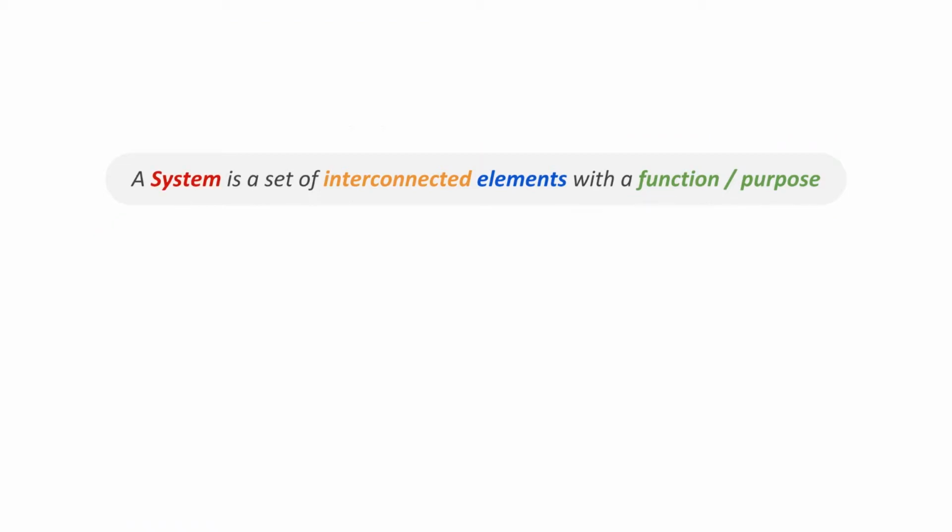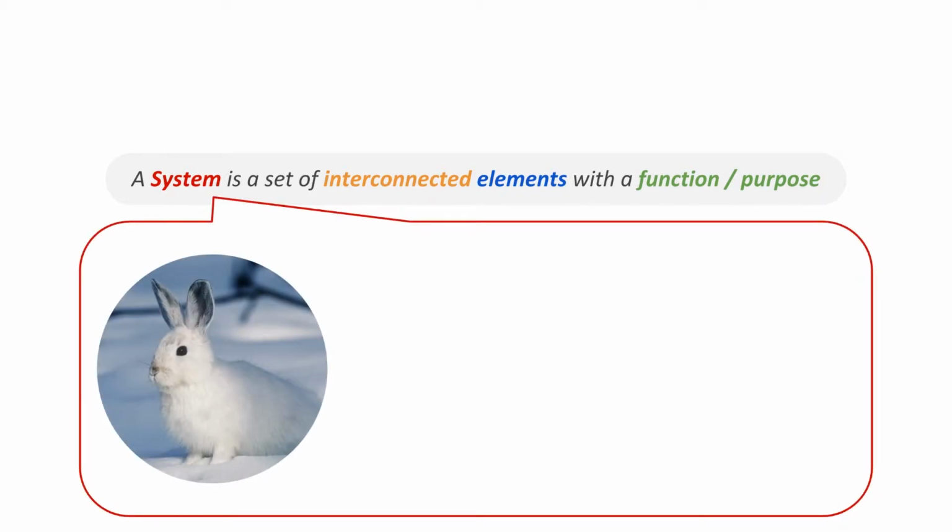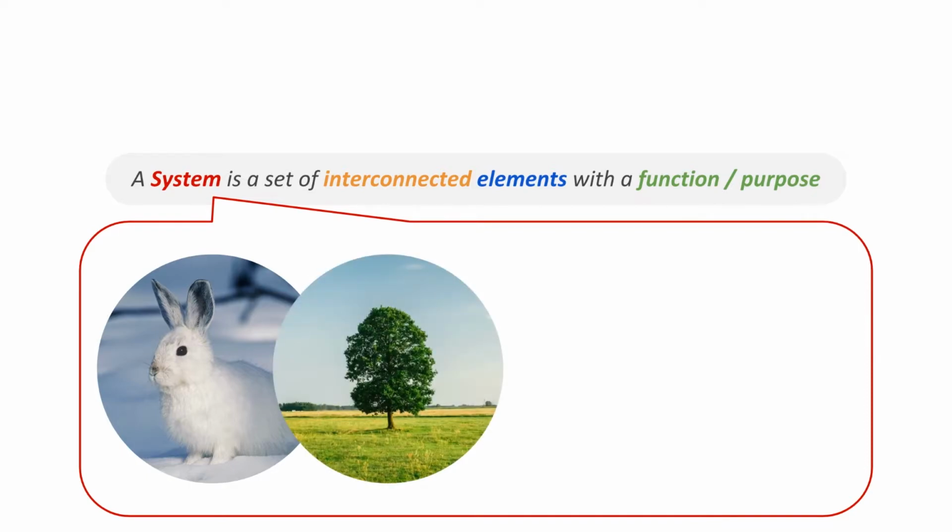Putting it all together, we can give some examples of systems now. So we can think of the rabbit as being a system with its organs being elements connected by blood vessels, and its function is to survive and reproduce. We can think of the tree again with the leaves, branches, trunk being elements that are connected, and its function is also to survive and reproduce.